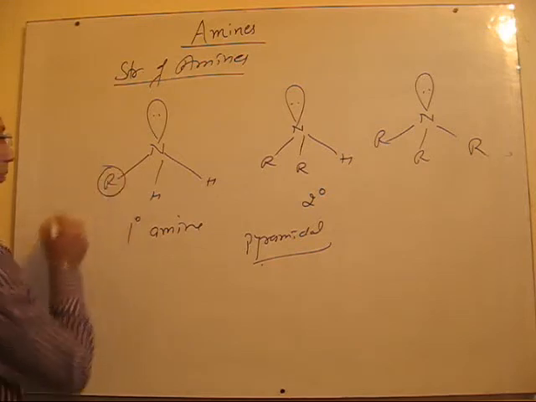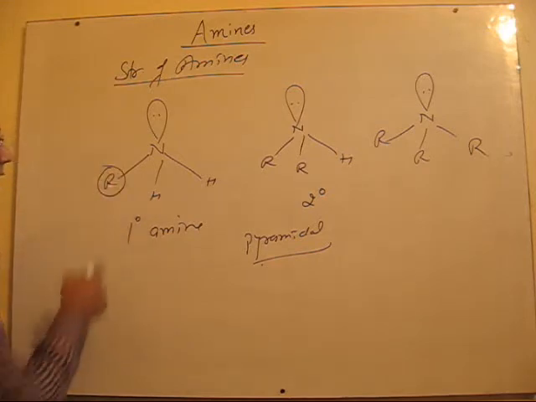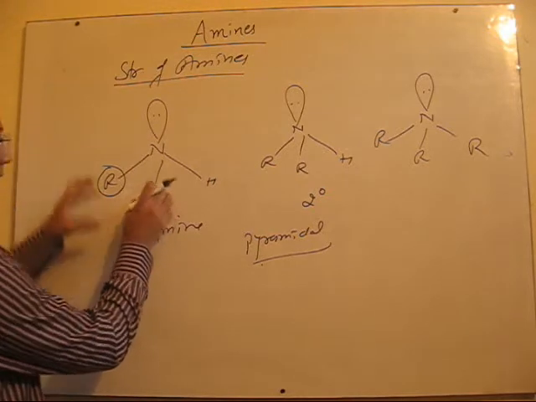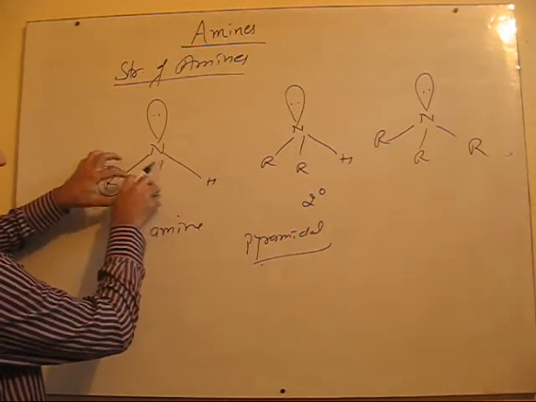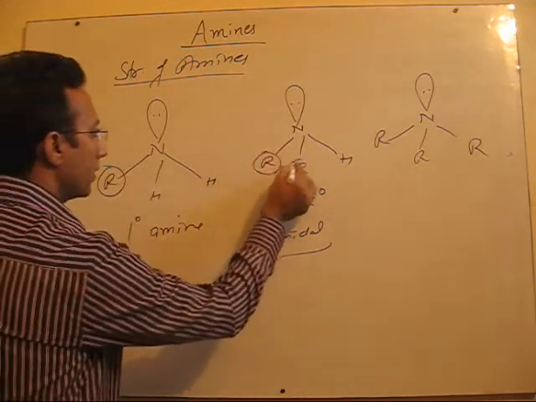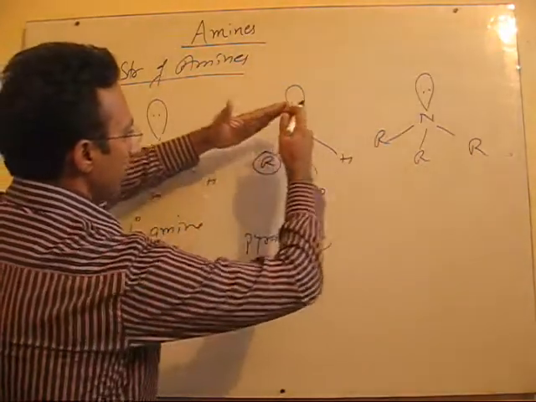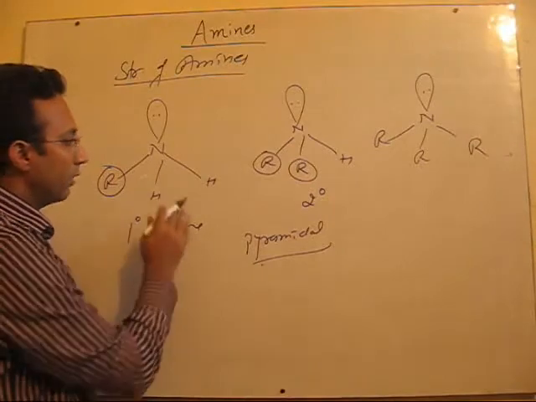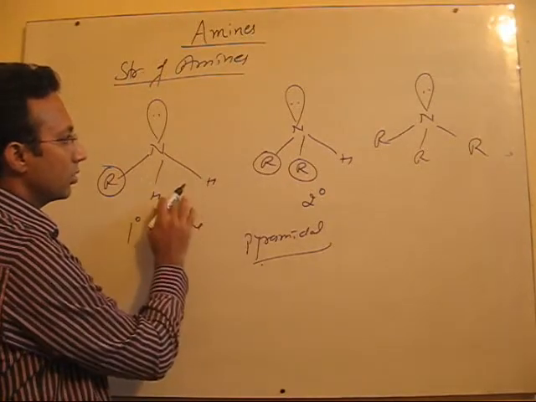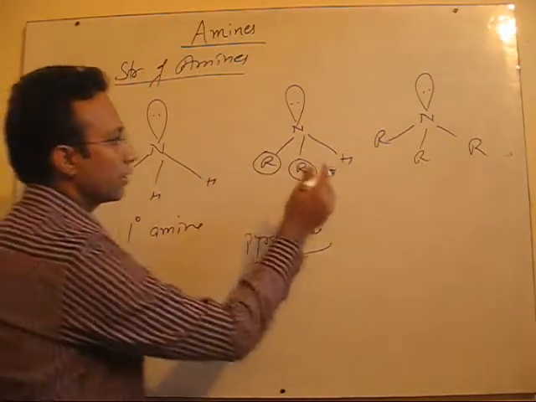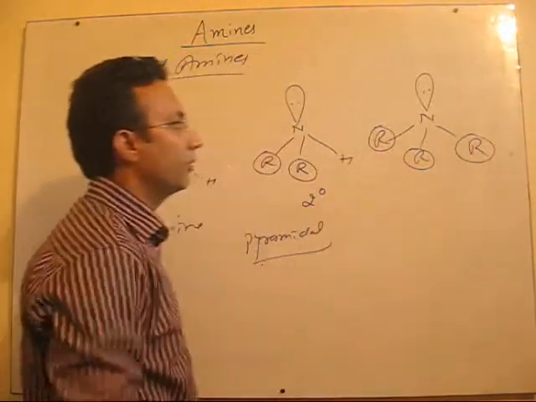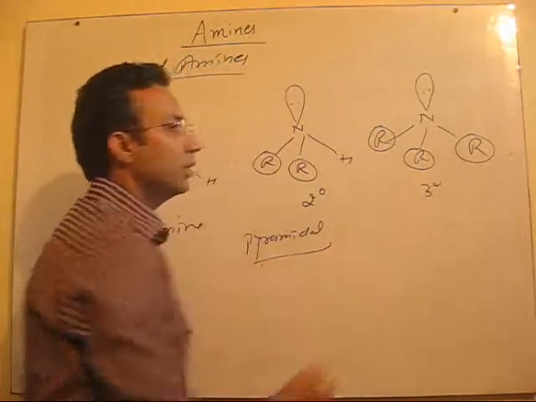because of the presence of an R group. R group is bulkier in size as compared to hydrogen. So there is steric hindrance between these big groups. As a result, this bond gets apart and the bond angle increases. Though the effect is very less in case of primary and secondary, the effect is quite appreciable in case of tertiary amines where all the three are alkyl groups.